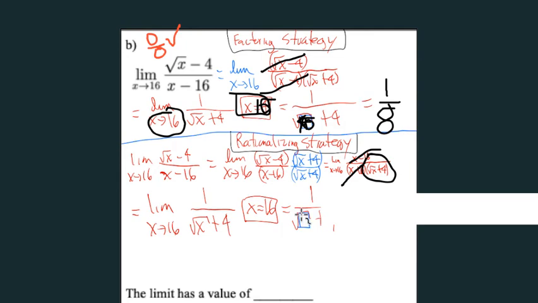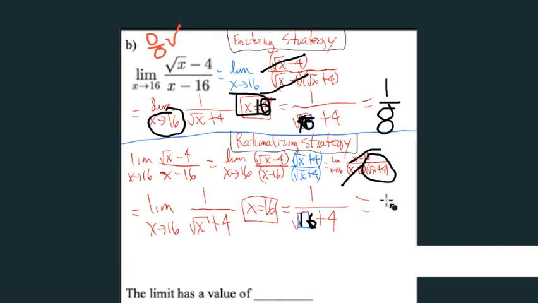It's no different, except this time I got it right and put x equals 16. So I have 1 over root 16 plus 4, which is going to work out to 1 over 8.